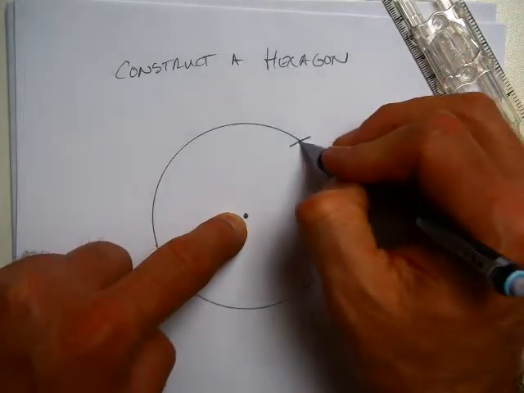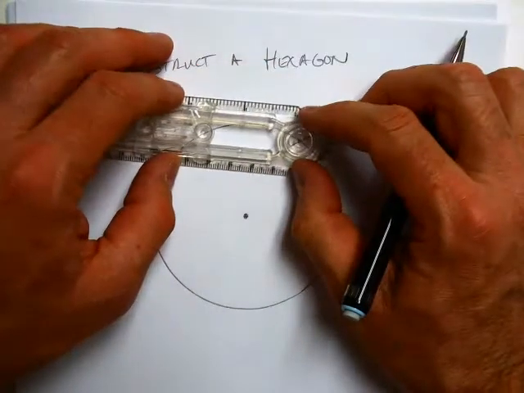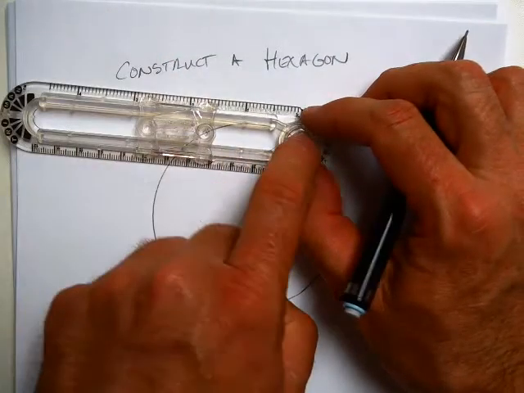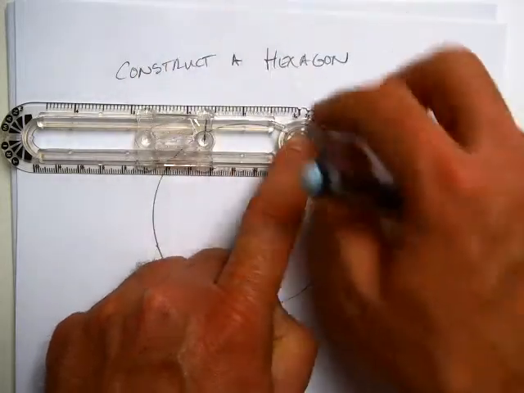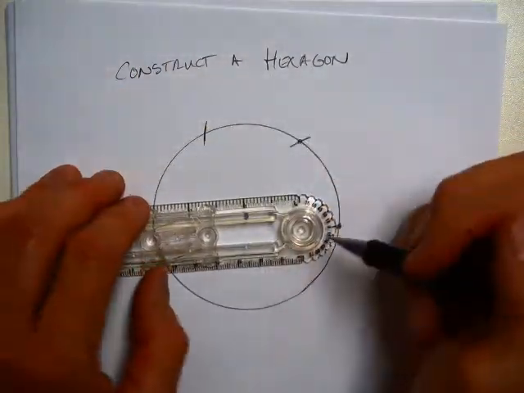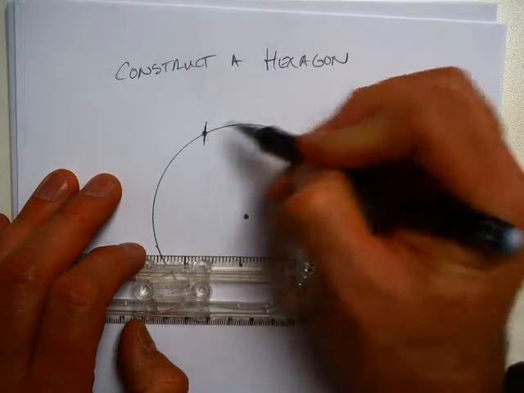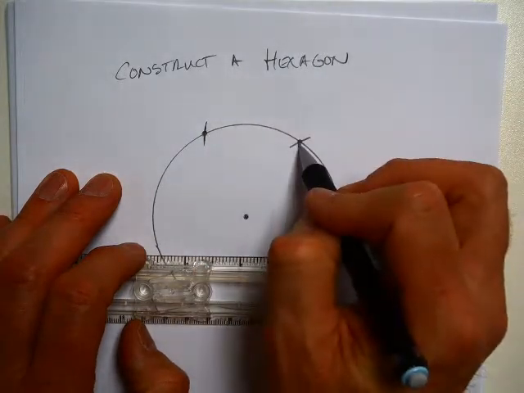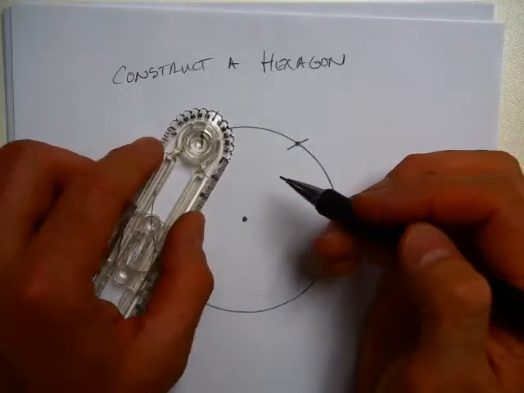Now, that's a new point. I'm going to put the eyeball on the new point, and I'm going to do that again. I'm going to strike an arc across the circle and create another point. And this distance, from here to here, should also be the same as the radius of the circle. And I'm going to keep doing that.